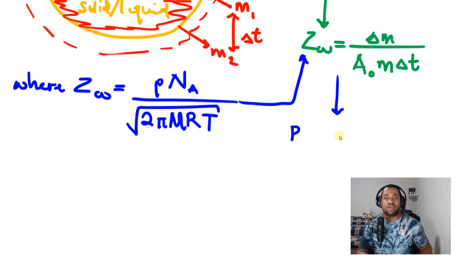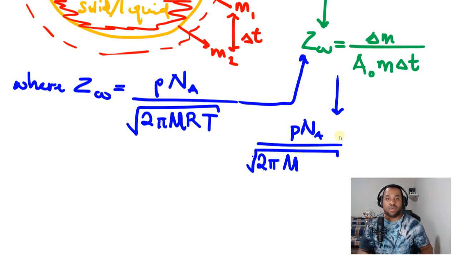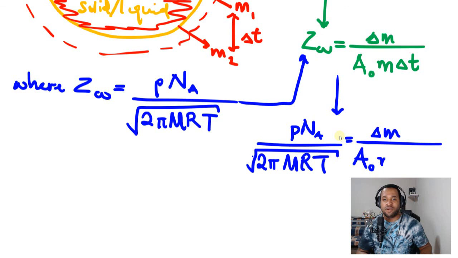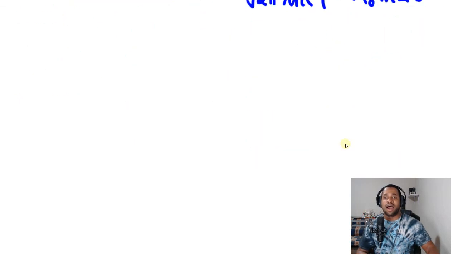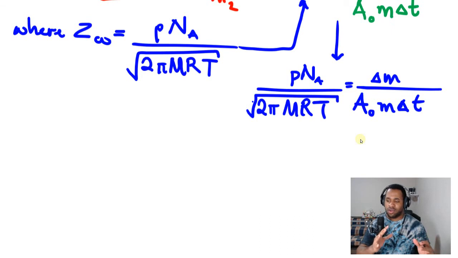And so our pressure multiplied by the number of particles, all divided by the square root of 2 pi molecular weight times the gas constant multiplied by temperature is equal to the mass difference divided by the area of the hole multiplied by the mass of that one particle multiplied by our change in time. And so once we have this expression created, our next goal is to change a couple of things in here, where we're going to change our specific NA, which is the number of particles.